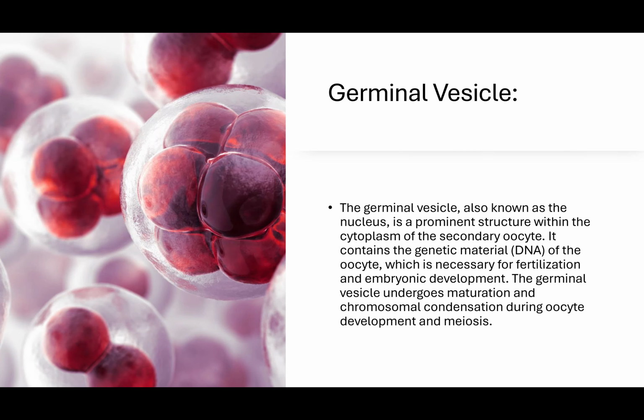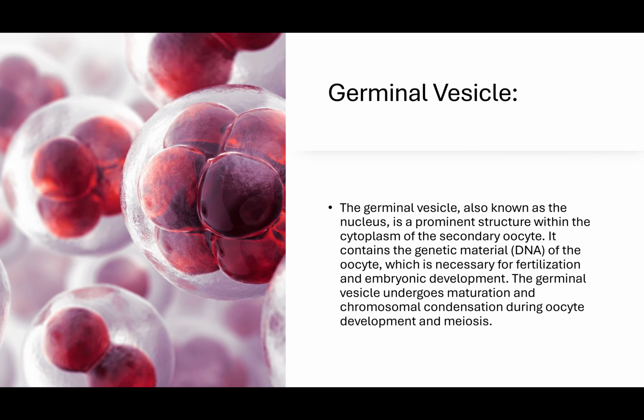It contains the genetic material of the oocyte, which is necessary for fertilization and embryonic development. The germinal vesicle undergoes maturation and chromosomal condensation during oocyte development and meiosis. So the germinal vesicle is what we call the nucleus of the oocyte.